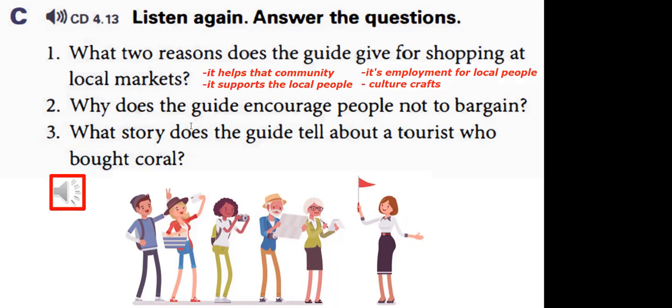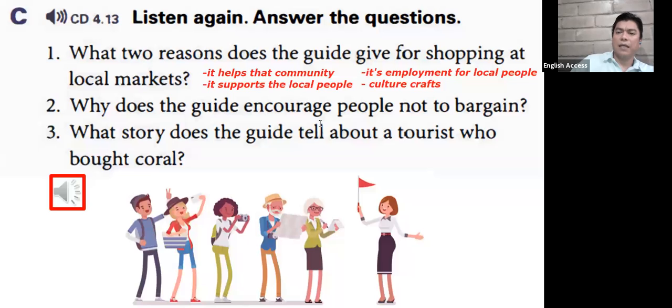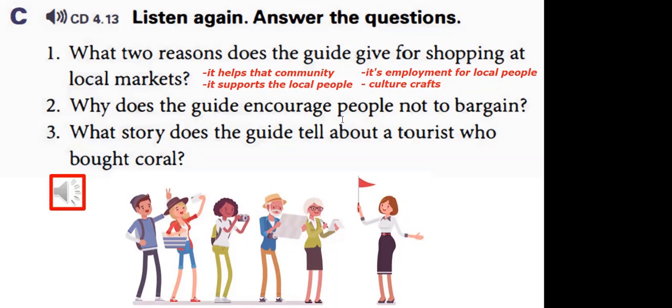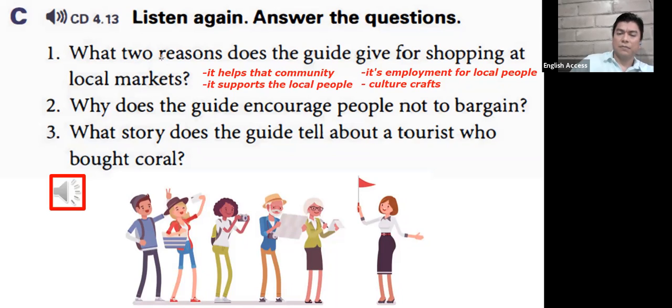Okay. What about number two? Why does the guide encourage people not to bargain? What is bargain? Bargain, to negotiate. Oh, okay.